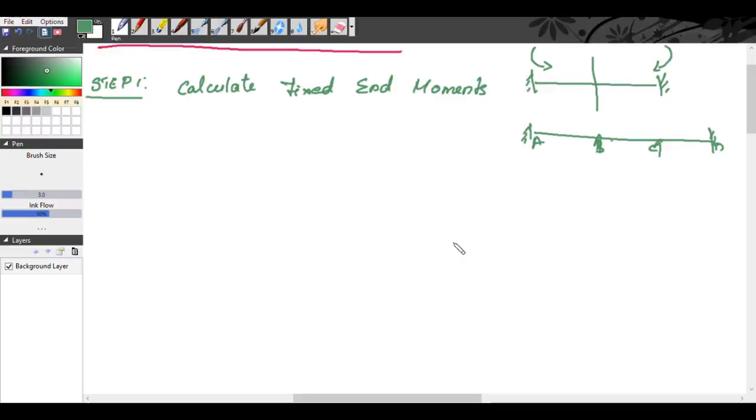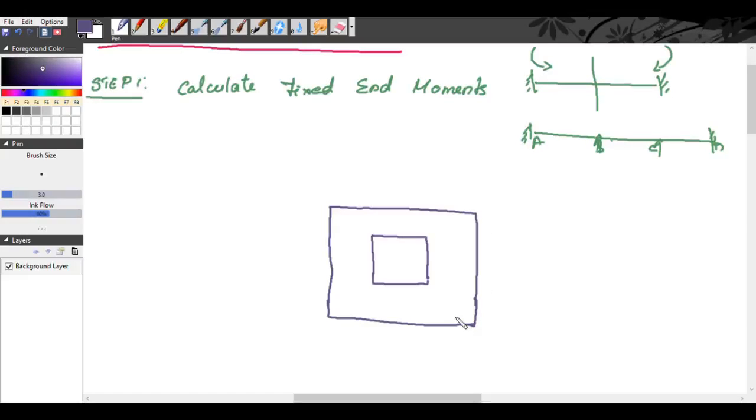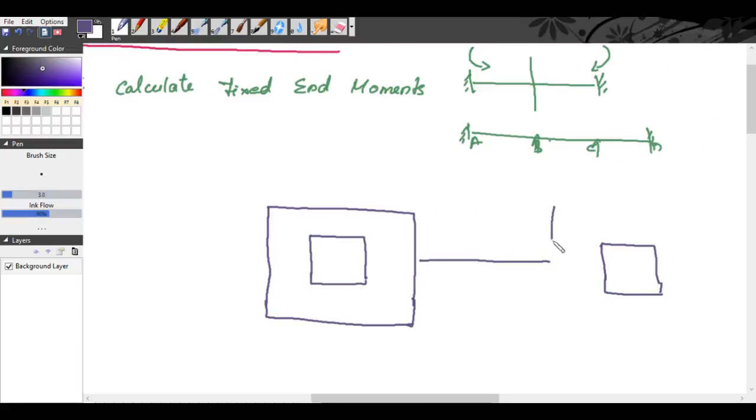That means, very, very important, you will have one smaller box and another bigger box. This is for joint B. Now for joint C, you will have another small box and another bigger box. This is for joint C.